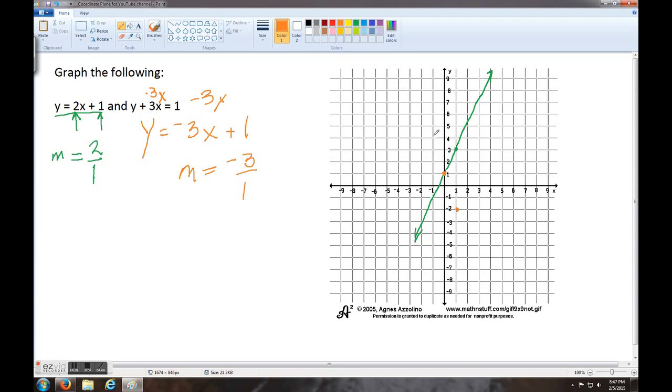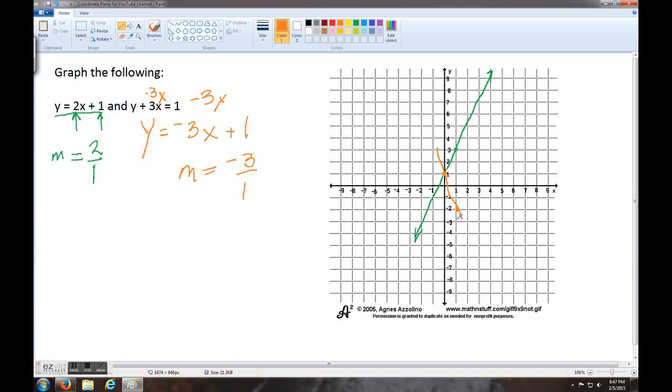We can now sketch this out as best as Mr. Wagner can. Ooh, that's bad. Let's try that again. There it is. I don't think I'm going to be using this program anymore because this is not easy. You're getting the picture though. We have the intersection point.